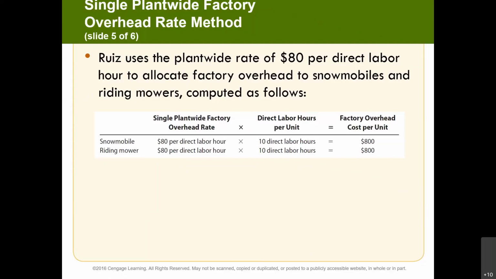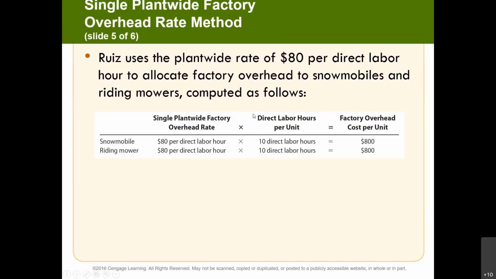So the company has a plant-wide rate of $80 per direct labor hour to allocate factory overhead to snowmobiles and riding mowers. So how do we compute that? We said that we have $80 per direct labor hour for the whole factory. So therefore, it's $80 per labor hour for the snowmobile production, as well as the riding mower production. We had already said that it takes 10 hours to manufacture one snowmobile and 10 hours to manufacture one riding mower.